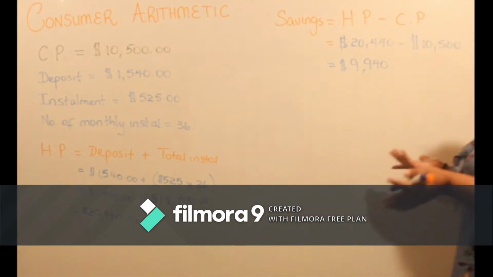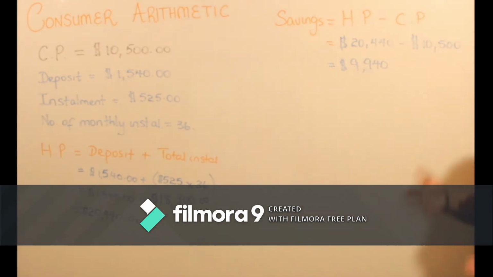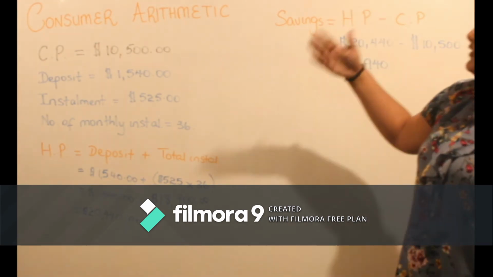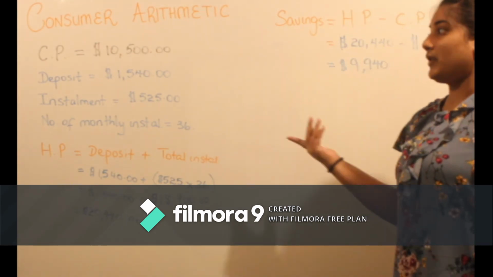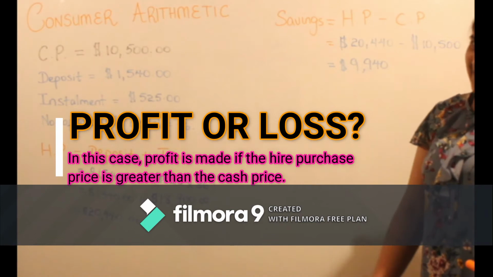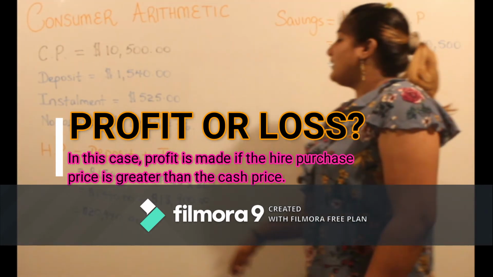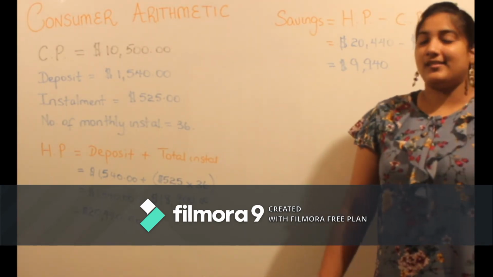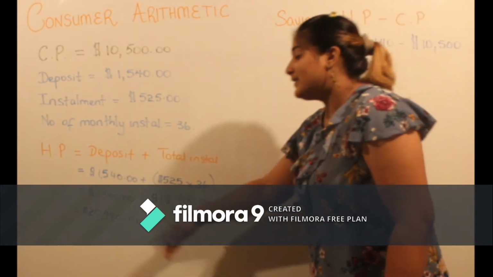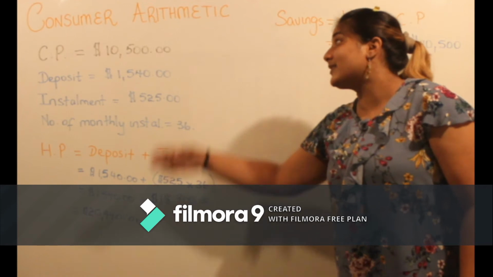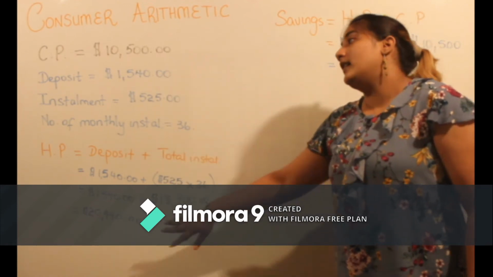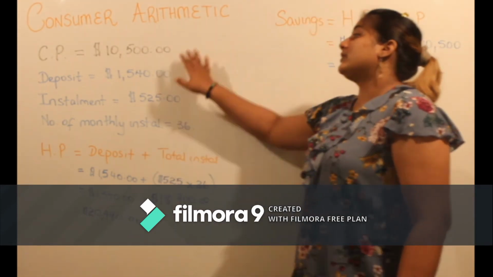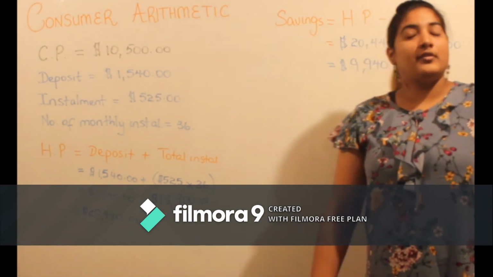First, we need to know whether or not we made a profit by selling them the refrigerator on hire purchase versus cash price. It's pretty clear: the hire purchase price is significantly larger than our cash price, almost $10,000 more than just paying cash.